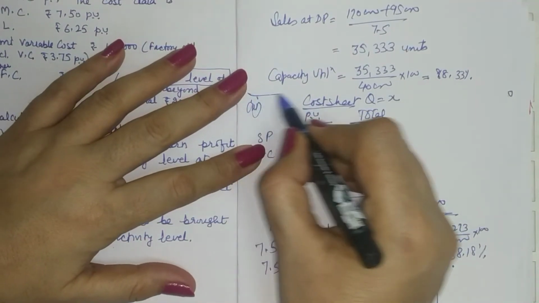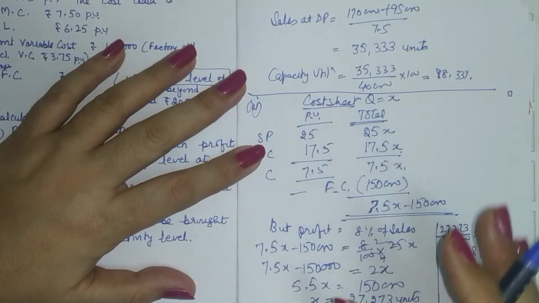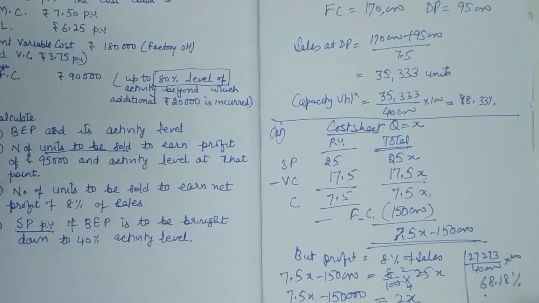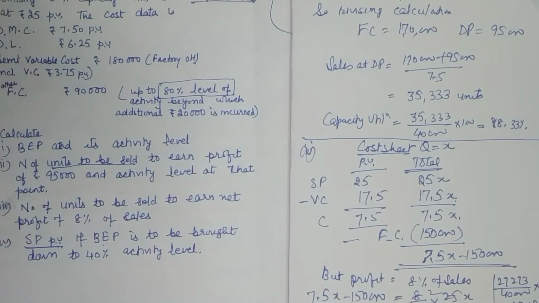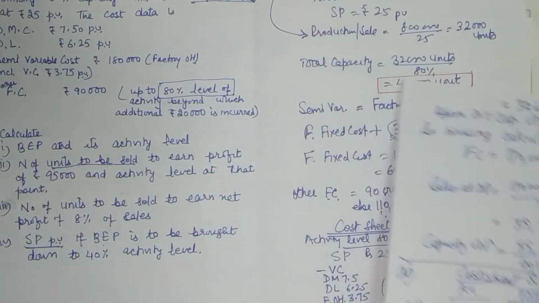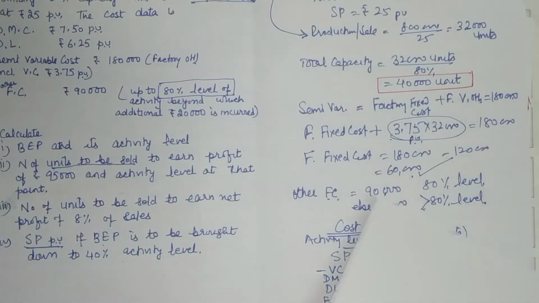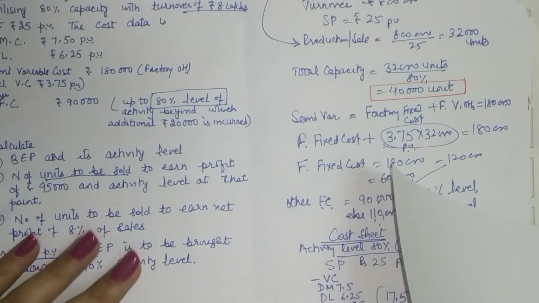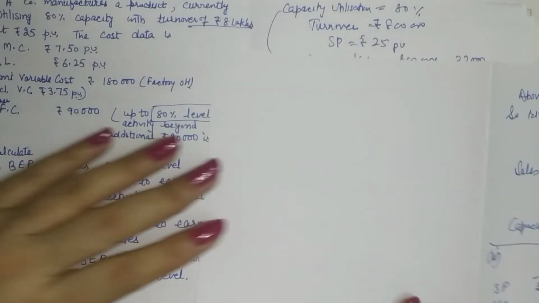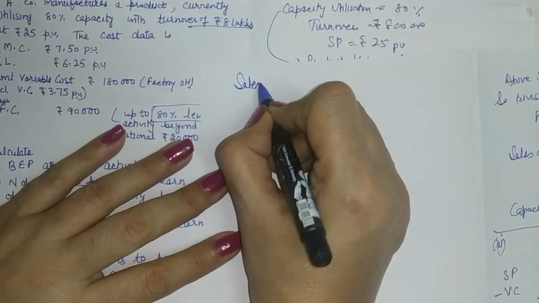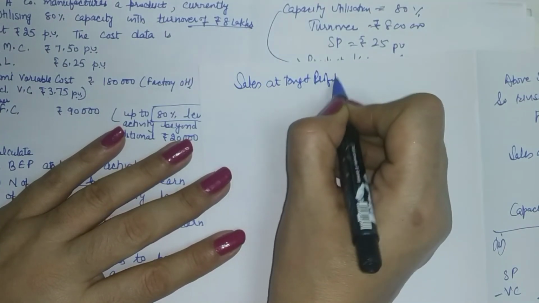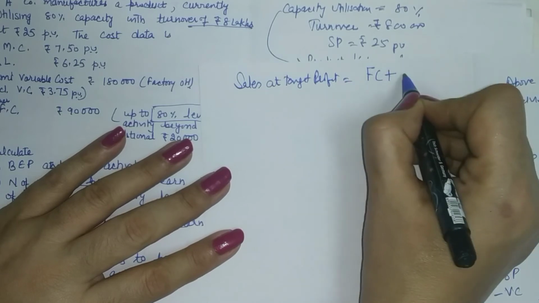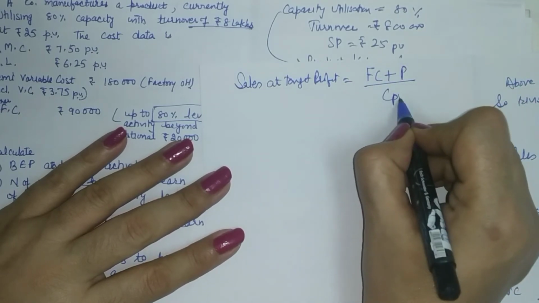Now this quantity to make sales, number of units to make sales, to have desired profit of 8% of the sales, we have made use of cost sheet, but we could have calculated the same amount using some formula also, because we know that sales at target profit is equal to fixed cost plus profit upon contribution per unit.